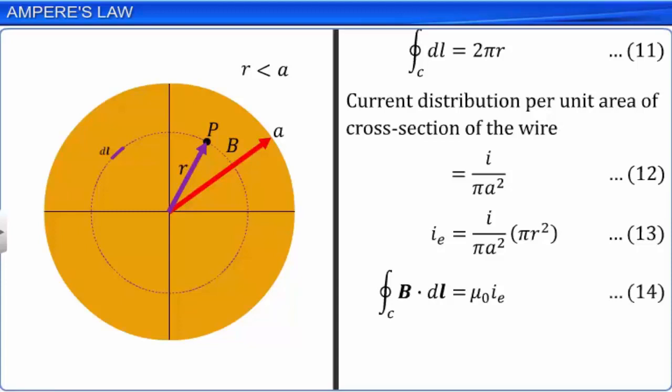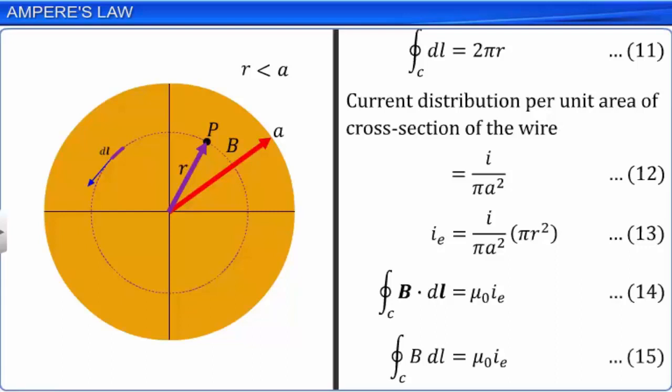Since the magnetic field at any point on the Amperian loop is in the direction of the tangent to the Amperian loop at that point, B dot dl can be written as B dl. Then, equation 14 can be written as integral over the closed curve C, B dl is equal to mu naught I E.